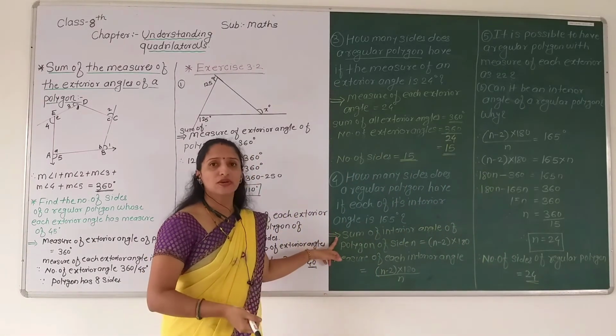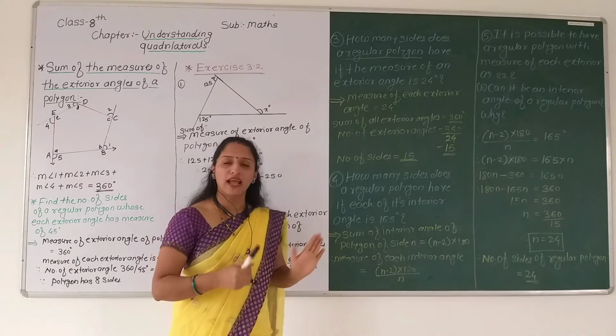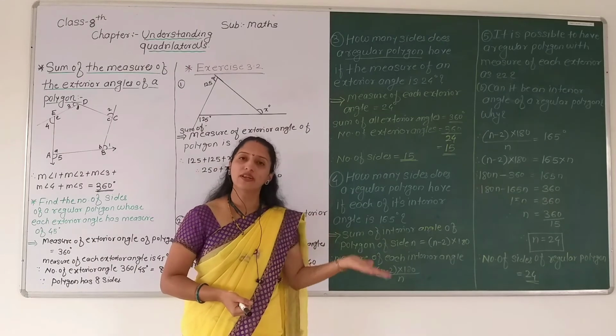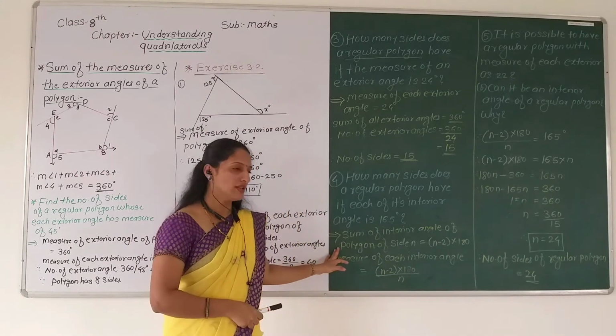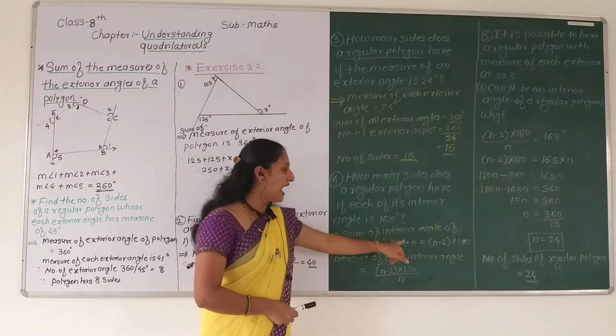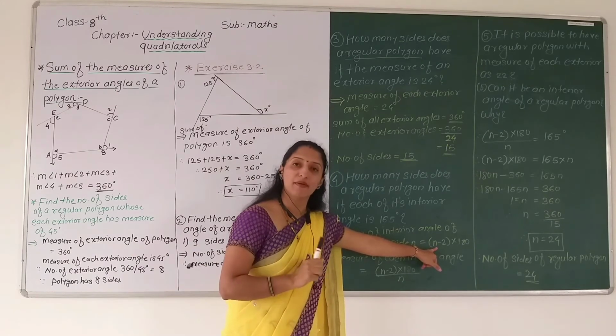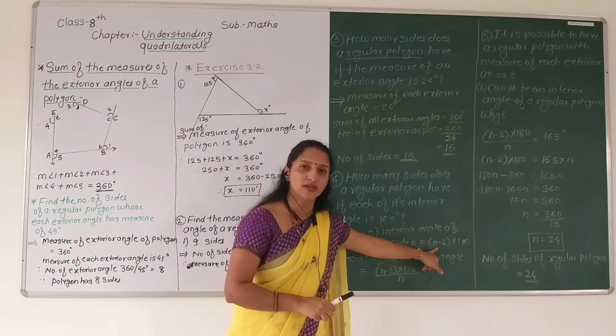We solved this using the interior angle concept in our previous session. Yes, the sum of interior angles of a polygon having n sides is n minus 2 into 180. Remember this formula. This is very important.